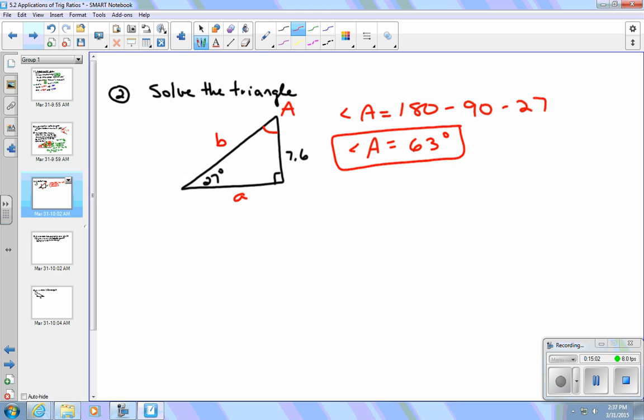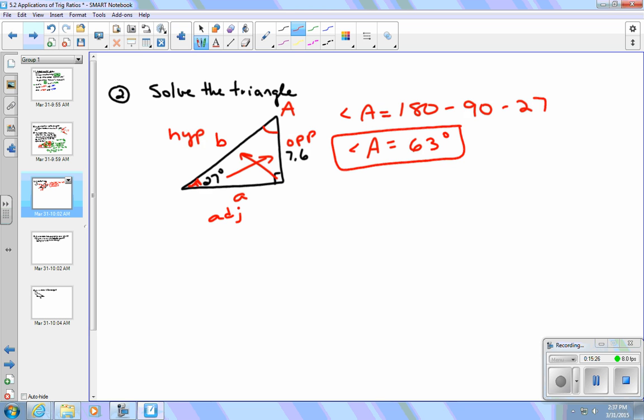So now let's look at side A. We know angle 27, so we'll use that as our reference angle. And now let's label our three sides for our trig ratios. Side B is our hypotenuse. The 7.6 is our opposite because it's across from the angle, and side A is our adjacent.